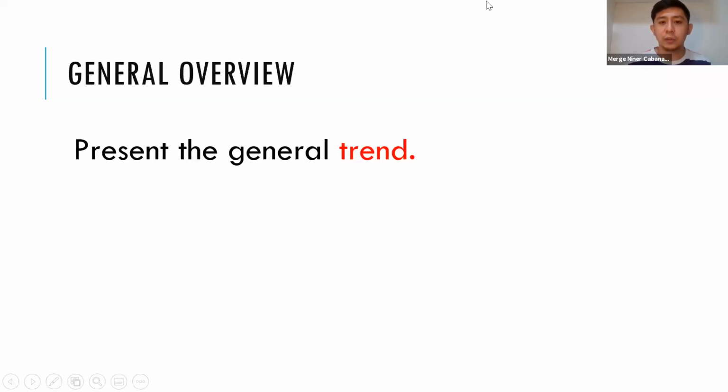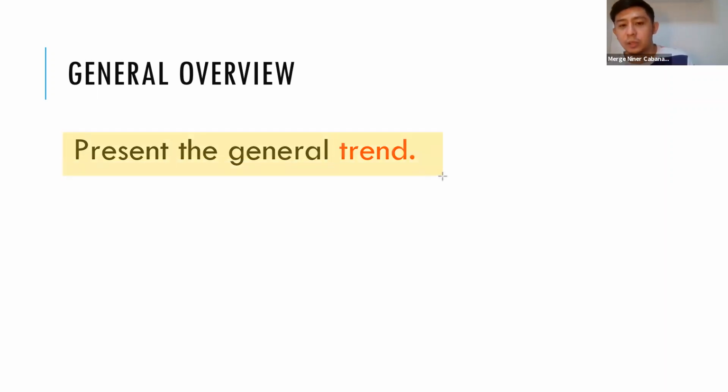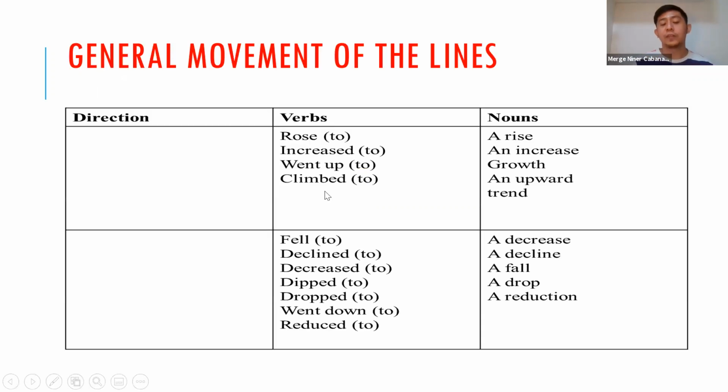In the general overview, this is what you have to present. You have to present the general trend. So when it comes to general trend, your generalization prowess will be put to the test here. Okay, so let us see this general trend. So first of all, you have to determine the general movement of the lines. Okay, take a look.